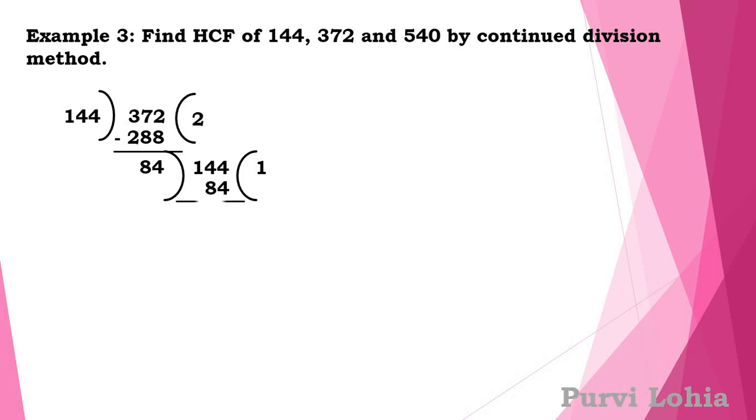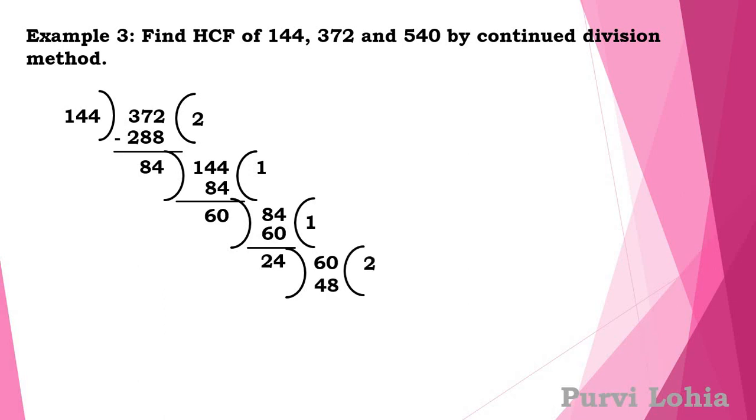One time 84, remainder is 60. Then 84 is the next divisor. One time you get 60 again. You get remainder 24. Next dividend is 60. Then you'll get 2 times 48. Remainder is 12. And 24 will become the next dividend and it will become 0 in the end.